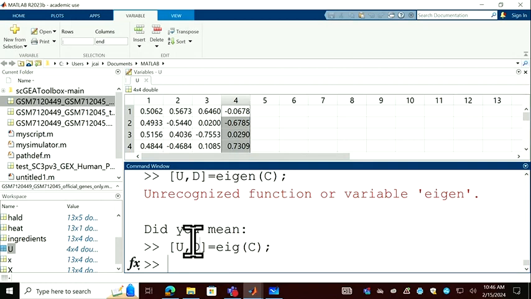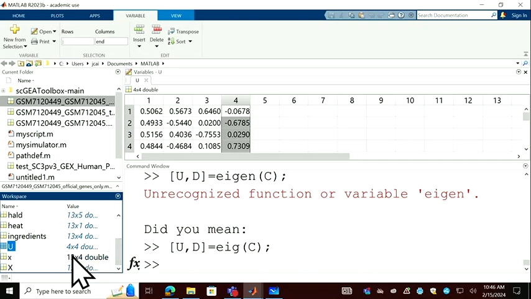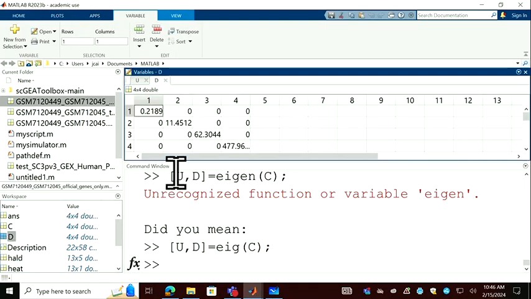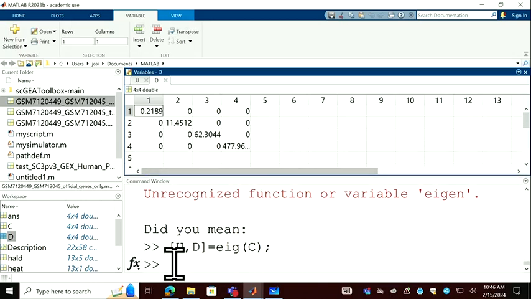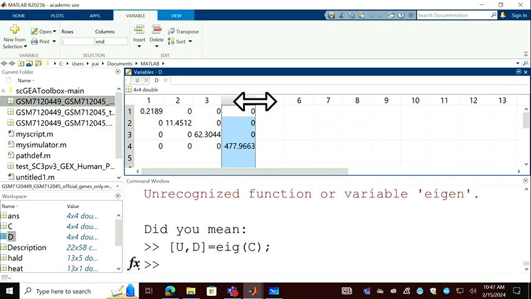D will tell you in this new system which one gives you the largest dispersion, so it gives you the dispersion of the projected data.